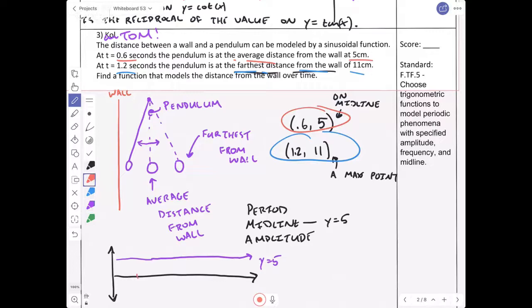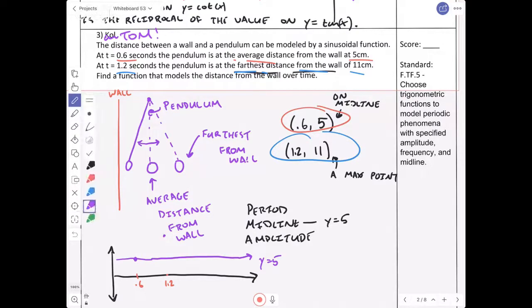And here's 0.6. And here's 1.2. And here I'm on the midline at 5. And here I'm at 1.2, which took me up to 11.